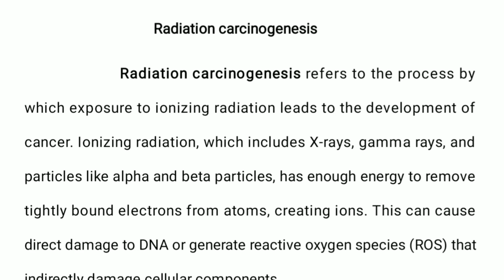Ionizing radiation, which includes X-rays, gamma rays, and particles like alpha and beta particles, has enough energy to remove tightly bound electrons from atoms, creating ions. This can cause direct damage to DNA or generate reactive oxygen species that indirectly damage cellular components.